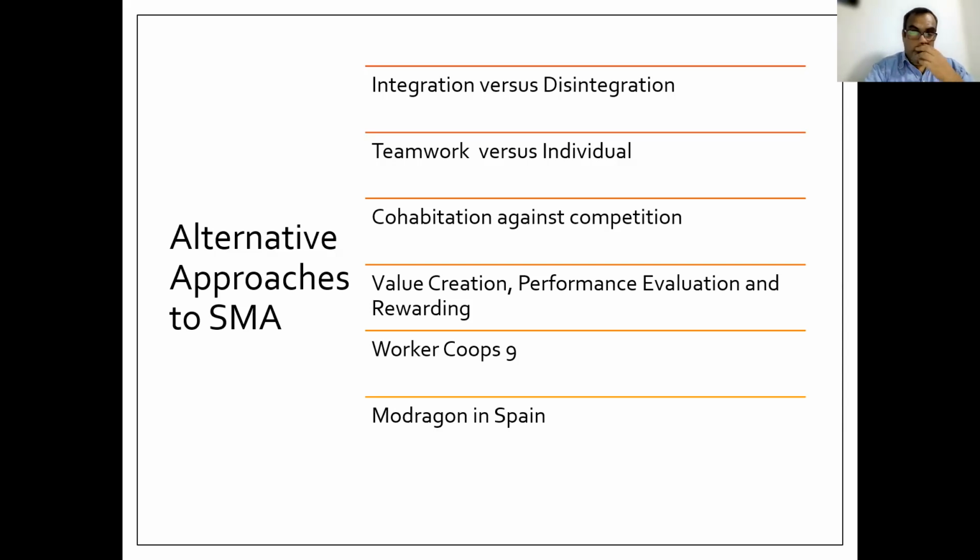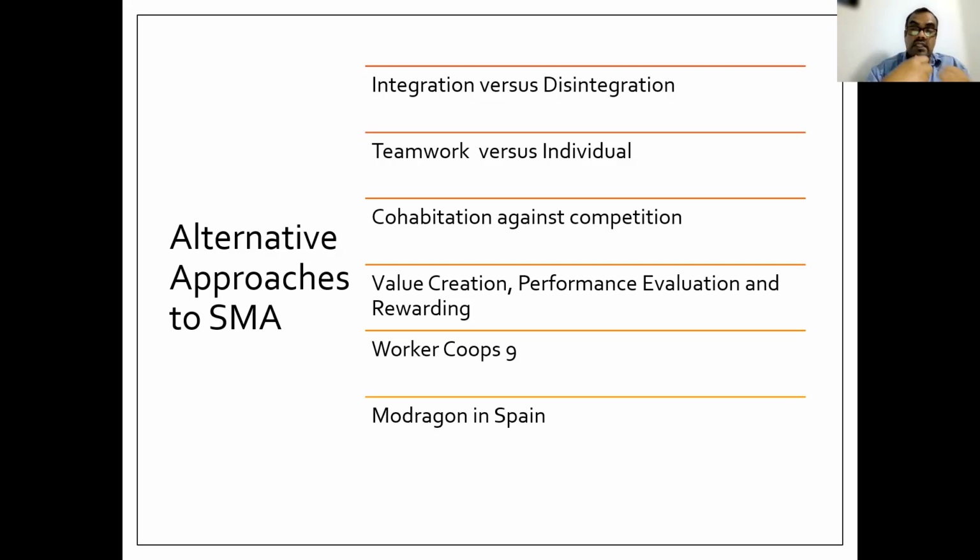The second one, though I have just taken this as an alternative approach, it's not that new. It's been practiced in other countries, teamwork versus individual, especially in Japan, in European countries. Even now, the idea has moved to Western countries. Here, the idea is seen only in textbooks. When it comes to real work, I do not see that much teamwork in our corporate world.